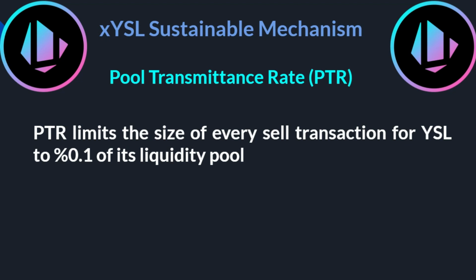You cannot sell it all. Before you sell, you need to see what percentage you have compared to the liquidity pool. It should be not more than 0.1 of the liquidity pool. This is going to make xYSL very healthy. People are able to take their profit, but they are not able, for example, to hurt the protocol by selling everything and damaging the price.